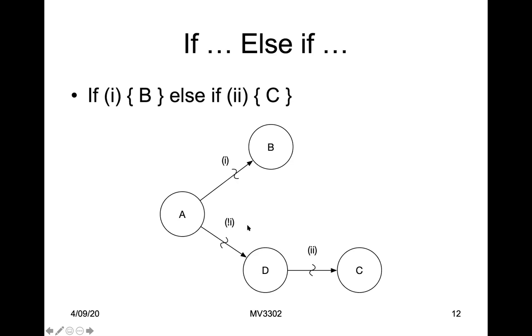You could actually combine these, but here I'm introducing, just for clarity, an extra event D. All right, so let's look at this. If I is true, then B. Okay, fine. Else, if the second condition is true, then C. So now we can do one of two things. We can either combine the Booleans, or we can say, okay, if not I, then we'll schedule D, and then D will schedule C only if the second Boolean condition is true. So that's a way of doing a more complex if-else.